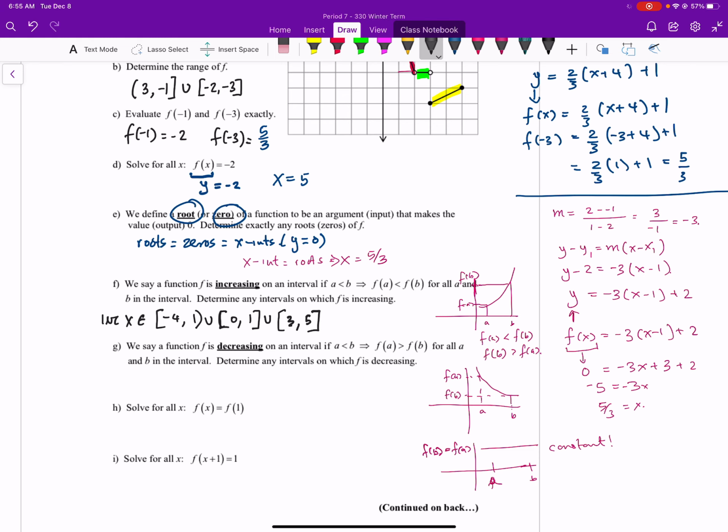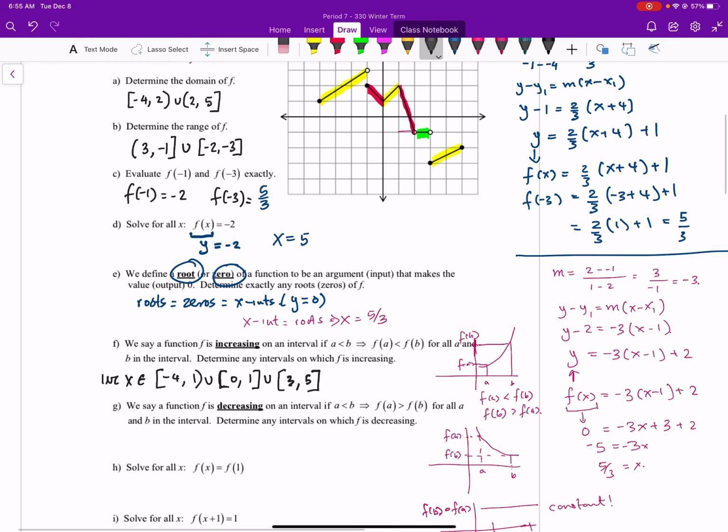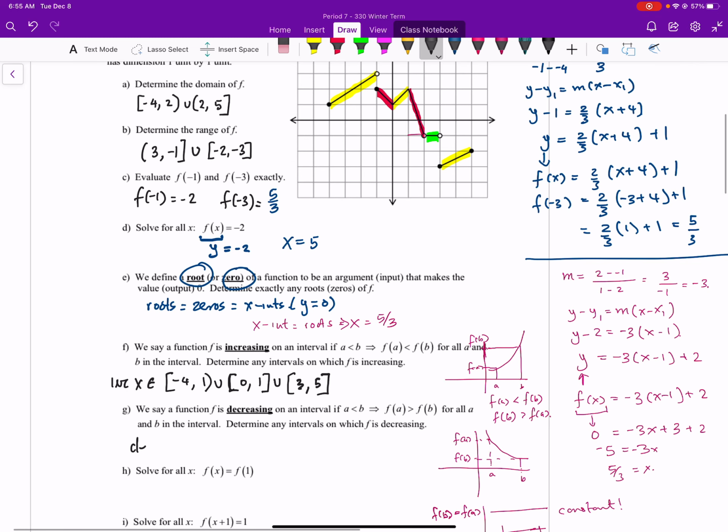And then where is it decreasing? So it's decreasing at those red places that I have on the graph. So it's decreasing when x belongs to, now you're going from 1 to 0, -1 to 0, union 1 to 2, regular bracket.